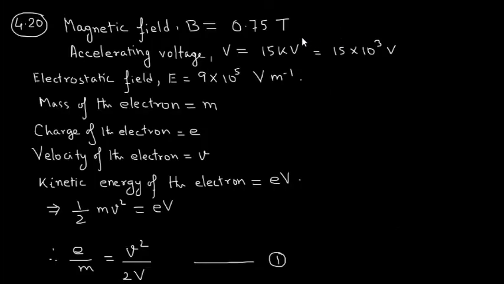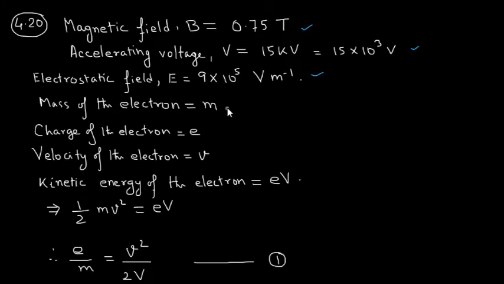So, magnetic field B is equal to 0.75 T. Accelerating voltage V is equal to 15 kV, which is 15 into 10 to the power 3 volt. Electrostatic field E is equal to 9 into 10 to the power 5 volt per meter.